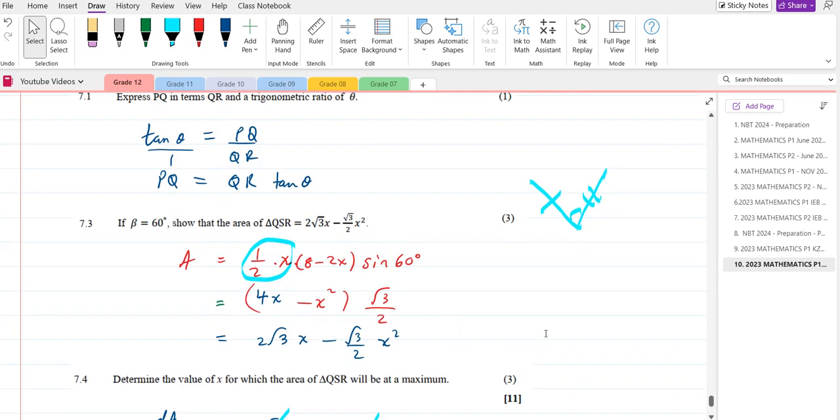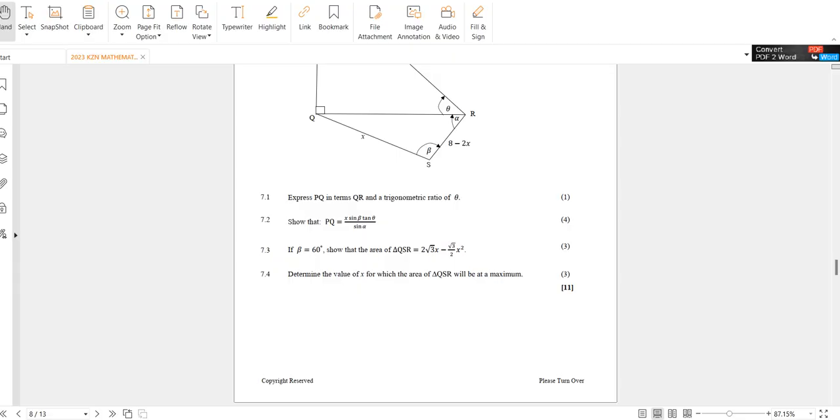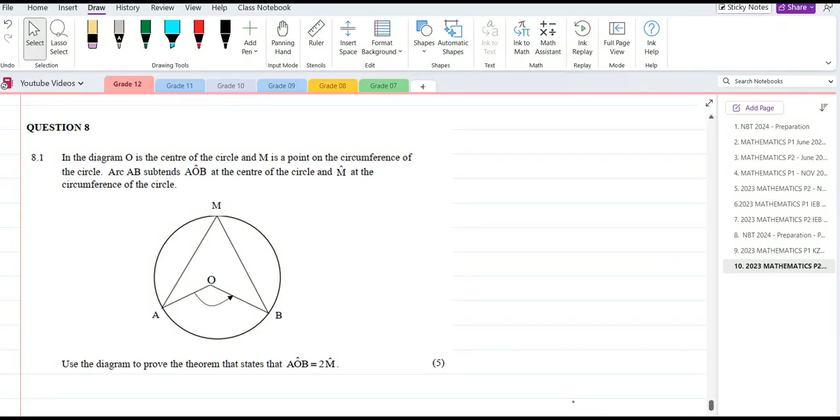Quite basic, simple. Now moving on to the next problem, question number 8. We want to prove that the angle at the center is equal to twice the angle at the circumference. If you read the diagram, O is the center of the circle and M is a point on the circumference.